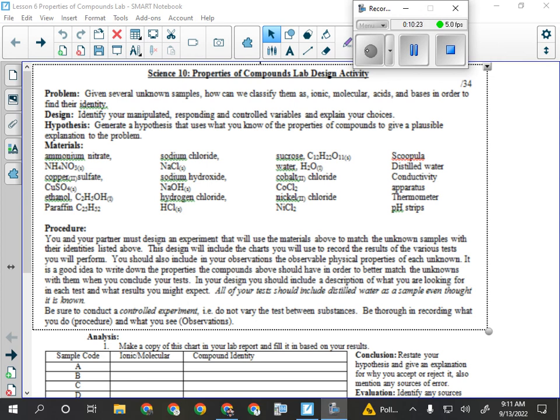All right, the next thing, we need 3 controlled variables. That is 3 things that are either kept the same or that we do the same each time we run our lab. Now, I already kind of gave one away. Each time I test a new substance, do I test it the same way?